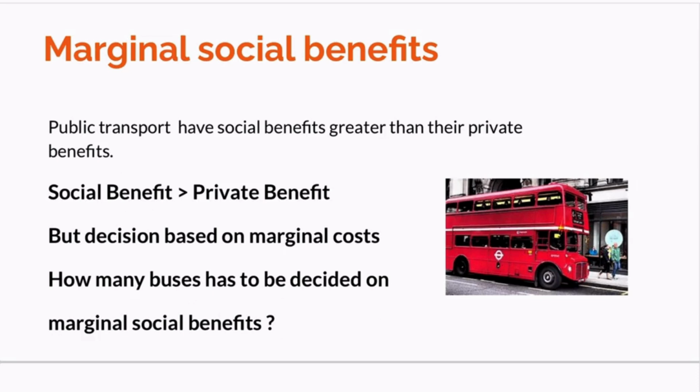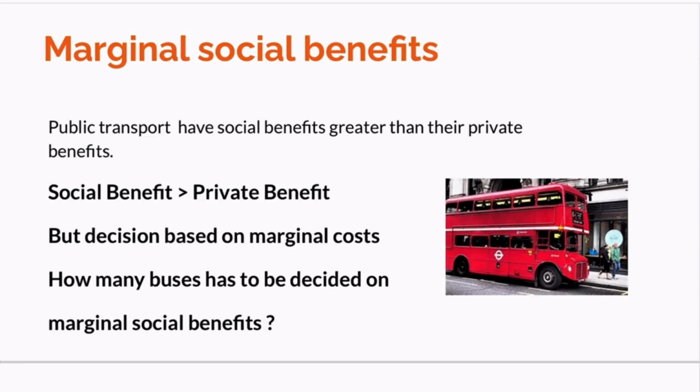But then, how many buses are to be purchased by the bus depot in order to avail the social benefits? That decision has to be made on the marginal costs.